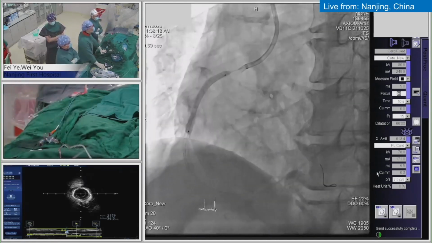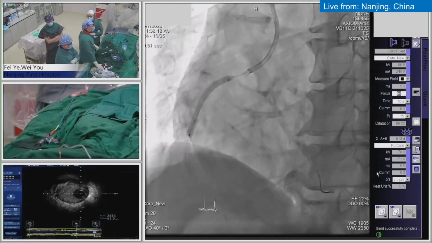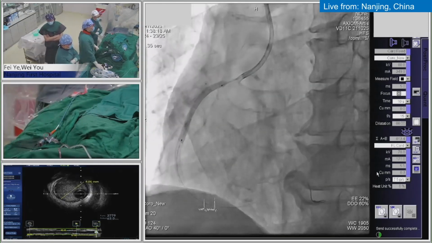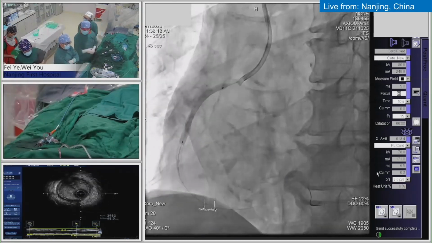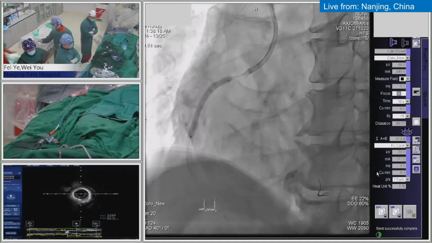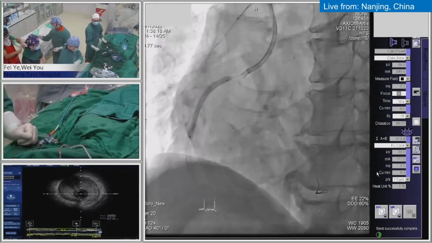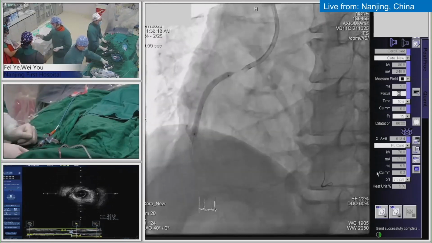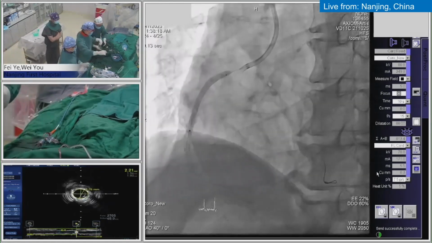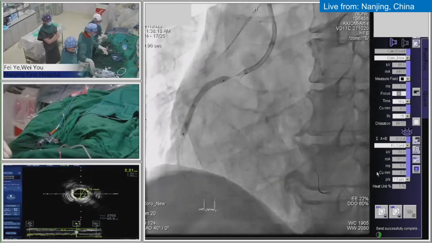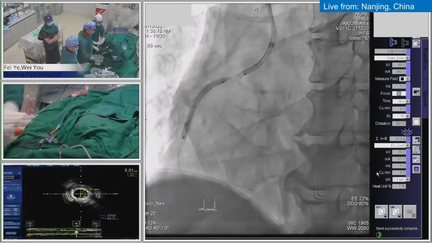What's the length of the proximal landing zone to the ostium of the RCA? Maybe 5 millimeter. Chief, I will use low pressure to deploy the 4.0 stent, just to avoid complications of the stenting.